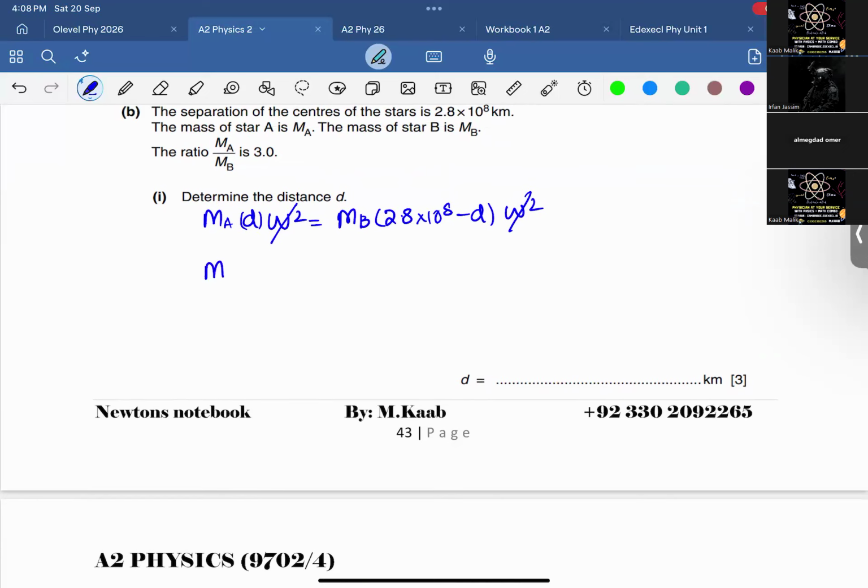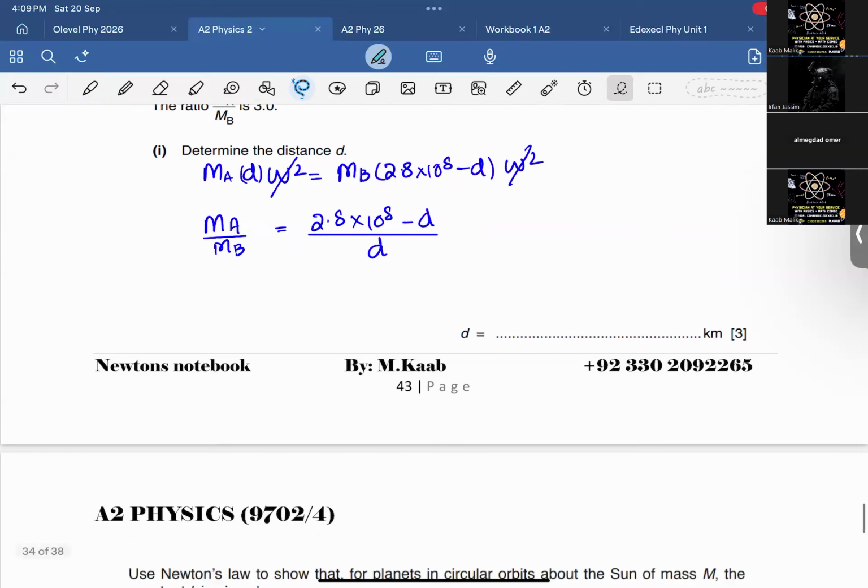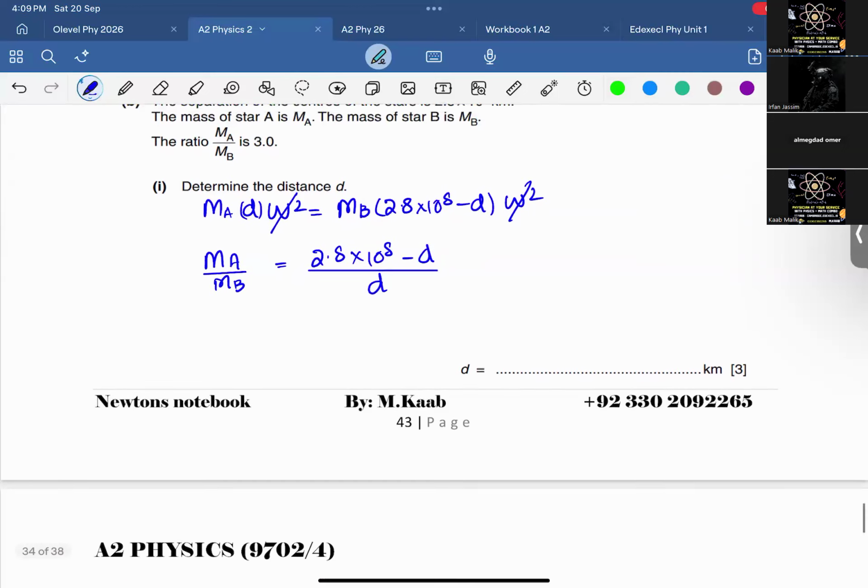So ma over mb is going to be equal to 2.8 exponent 8 minus d over d, right? They mentioned the ratio, so the ratio is basically 3.